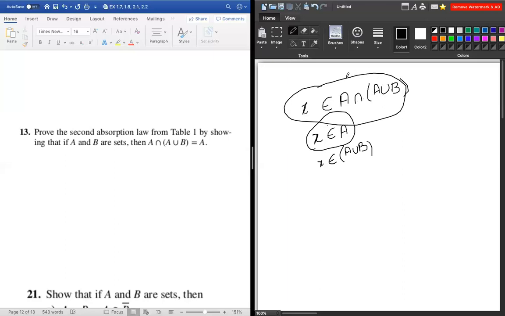Or because X is a member of A intersection (A union B), therefore X is a member of A as well. So this is again by using the definition of intersection and union. So this proves the subsets and the supersets.